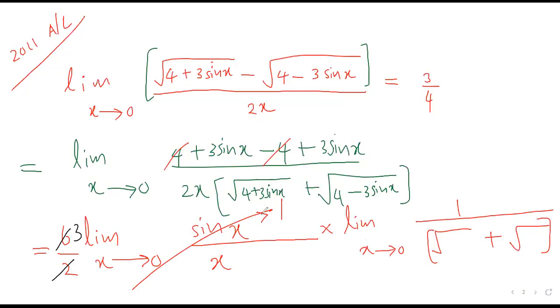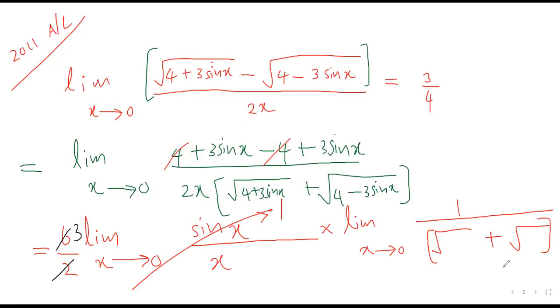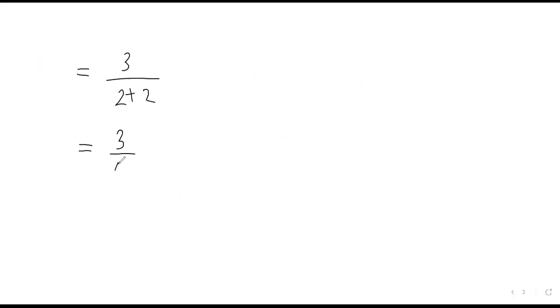Then 3 into, when x is going to 0, what about this sin x? It's going to be 0. Then square root of 4 is 2. 2 plus 2. Yes, 2 plus 2. 3 over 4.